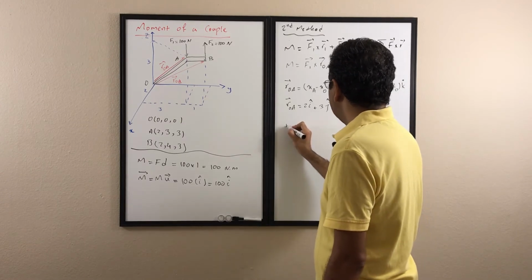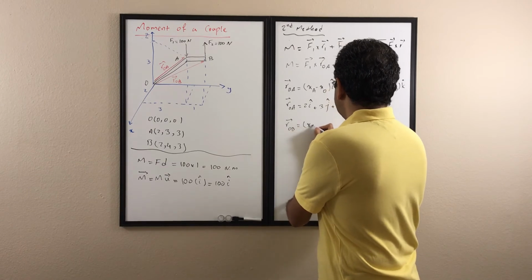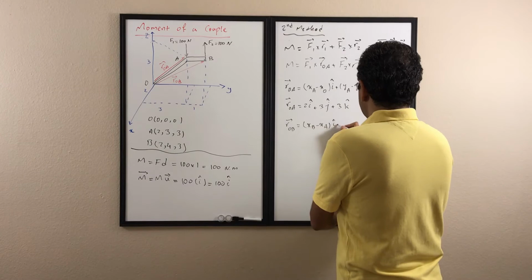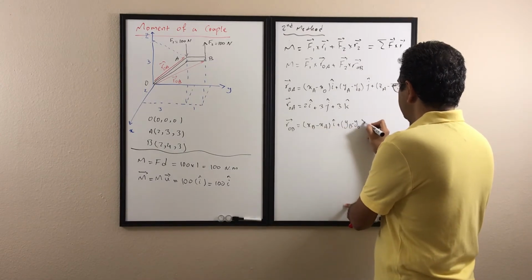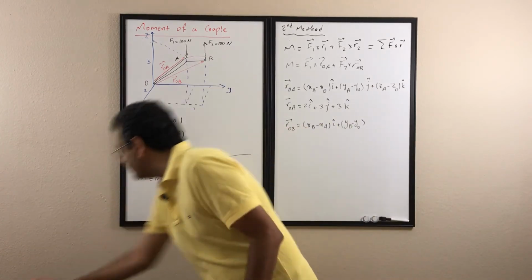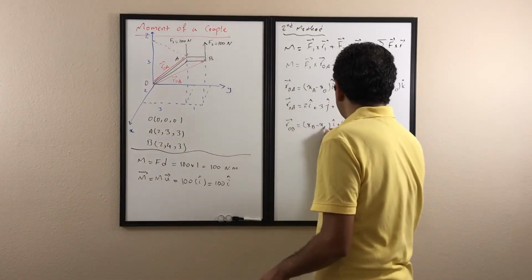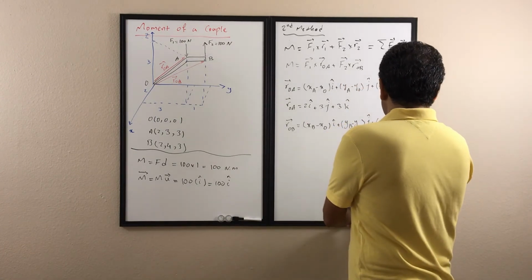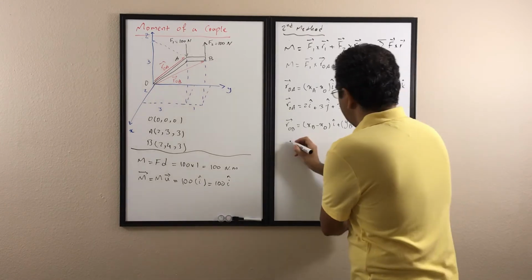The same thing for ROB: XB minus XO i plus YB minus YO j plus ZB minus ZO k.